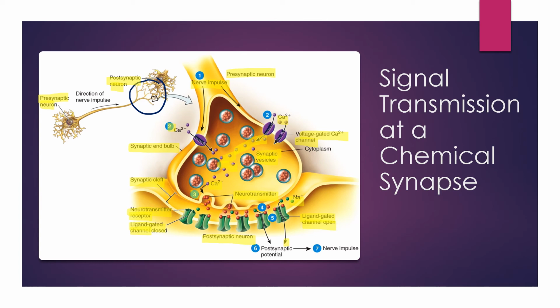This change in the membrane voltage, we call it the postsynaptic potential. And a postsynaptic potential can be depolarizing or it can also be hyperpolarizing. Here, I'll do this arrow a bit better, but this is hyperpolarizing.